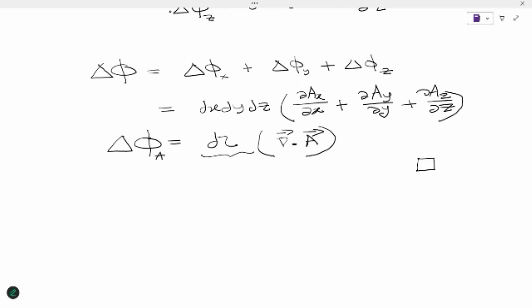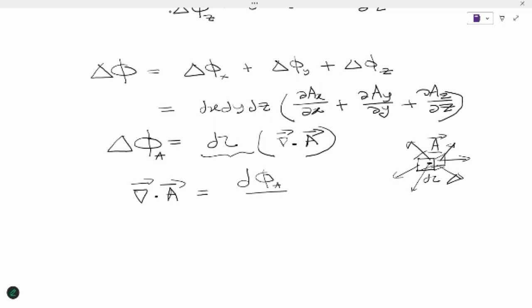That is, we have an infinitesimal volume d tau here, and when we take the divergence of A at this point, the flux emerges out of this elementary volume. So divergence of A is nothing but d phi_A by d tau.